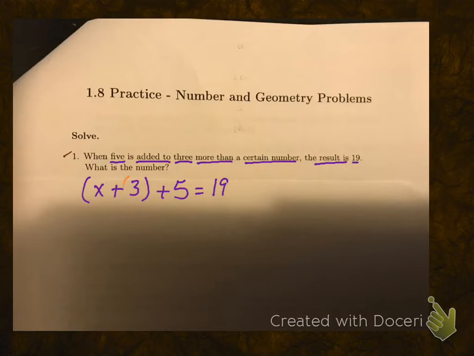Now remember I told you we could take the commutative property of addition, and we can go ahead and add that 3 and the 5 to get 8. So that gives us X plus 8 is equal to 19.